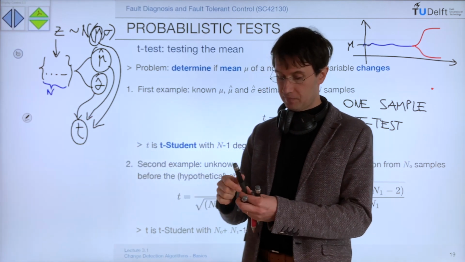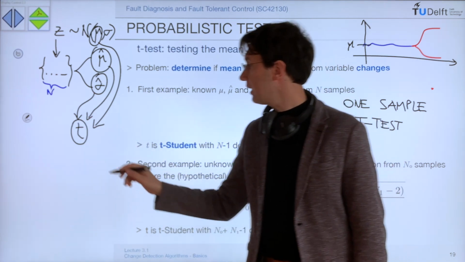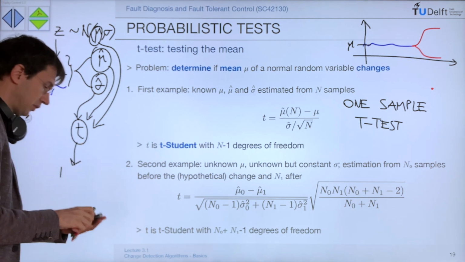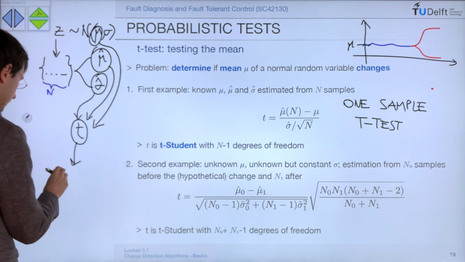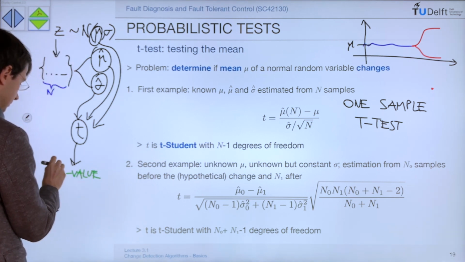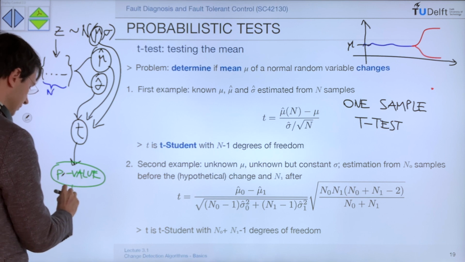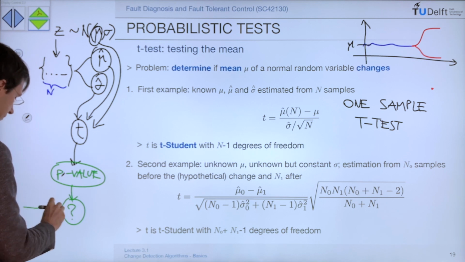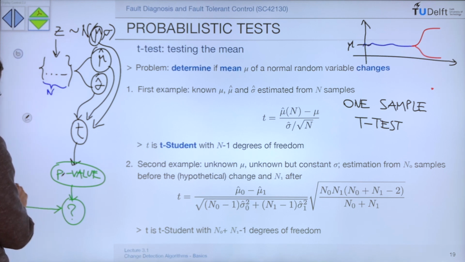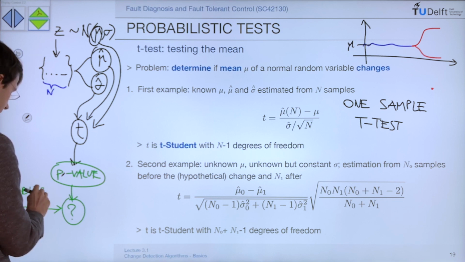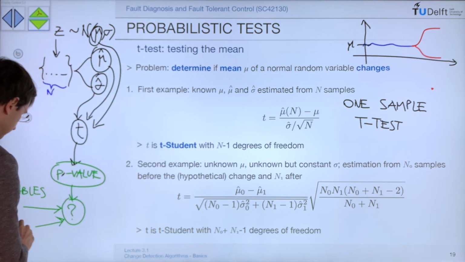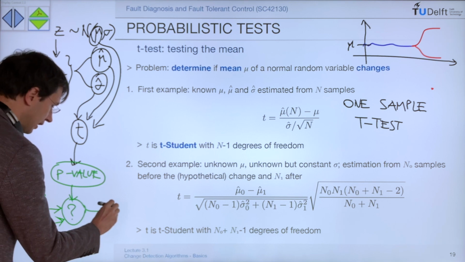Once I have T, I carry out the test, and I compute its p-value, which we denote in green. And then, using tables or a software, and using a significance level alpha, we get our answer.